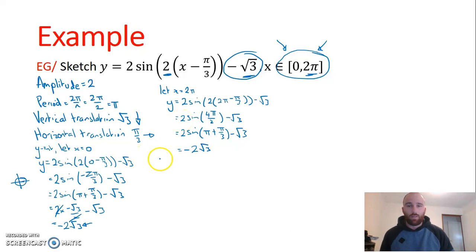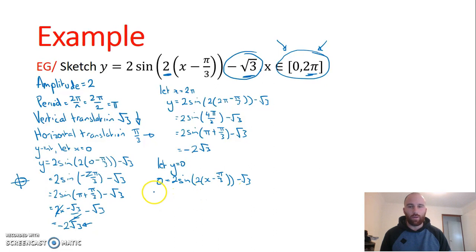Now what we're going to do is find my x-intercepts. To find my x-intercepts, I'm going to let y equal 0. So I've got 0 equals 2 sine of 2 bracket x minus pi over 3, minus square root 3. I'm going to rearrange it.